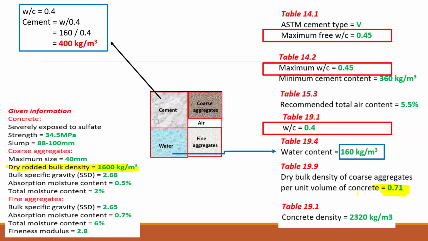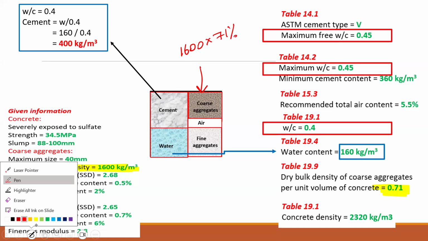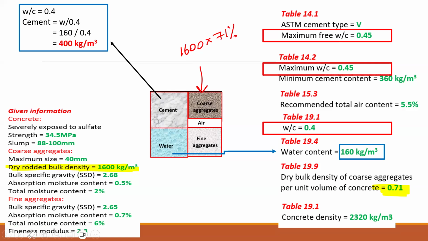Not the rodded part. Rodded means we compacted. So how much of coarse aggregates do we have here? Out of the 1,600, 71%. Am I right? So how much is that? Yes, 1,136 kilograms.